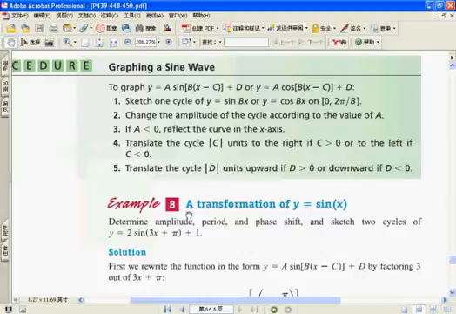So now let's apply this procedure to do one example to see how we graph a general sine function by doing a sequence of transformations. Now let's look at this example.